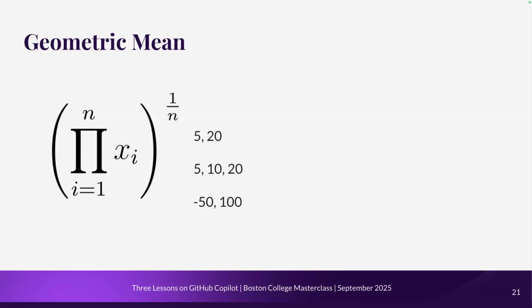Any thoughts about that? It's interesting, right? Because if we strictly follow that mathematical definition, we will have to multiply negative 50 by 100, that's negative 5,000, and then extract the square root of that. But we hit complex numbers, right?